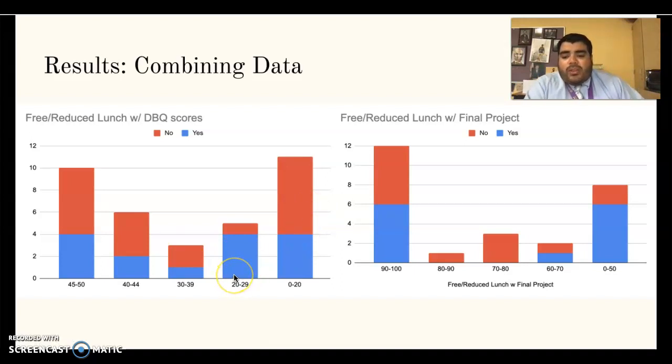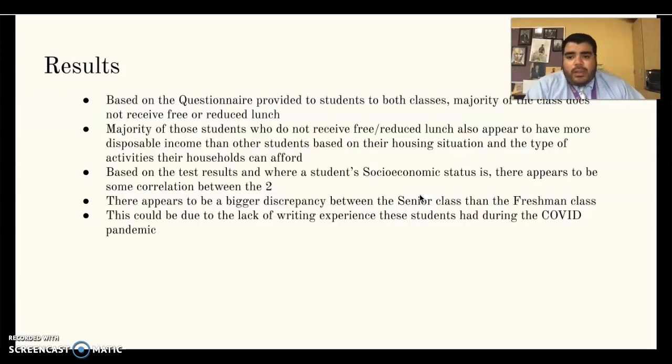But in the 20 to 29 area, almost 5 out of 6 actually received free or reduced lunch, meaning they were of lower socioeconomic standing. This can indicate the reason why, because a lot of my freshman students did not participate or take the DBQ. Here on the right side, you have the final for the senior class as well. So the results.